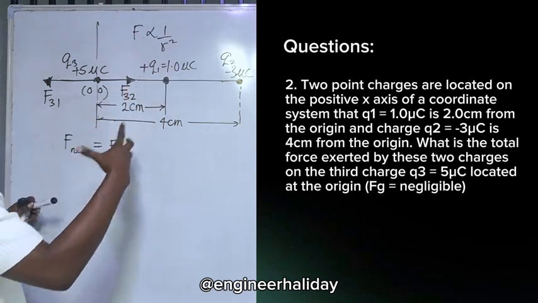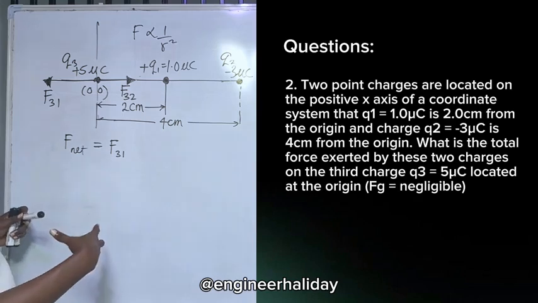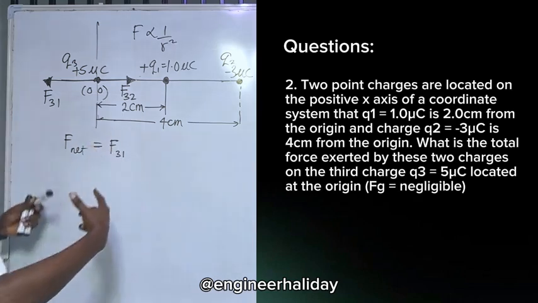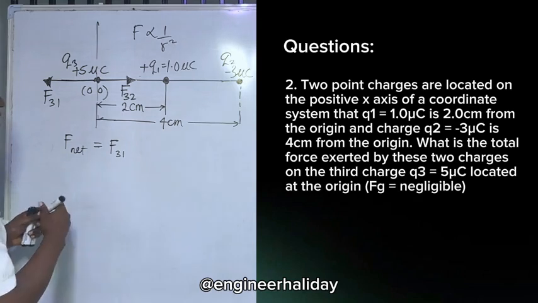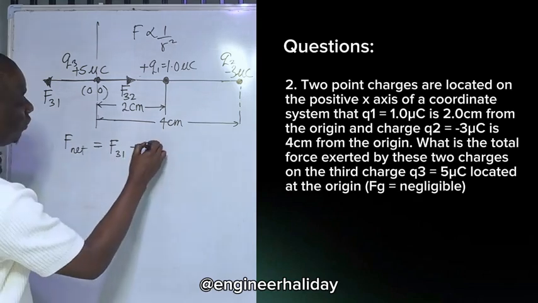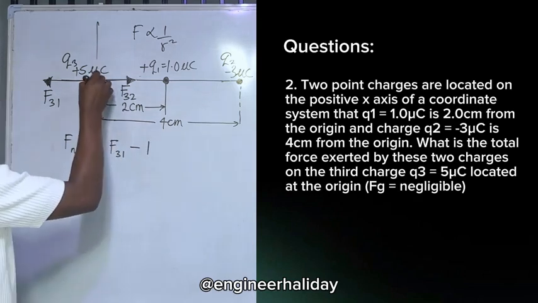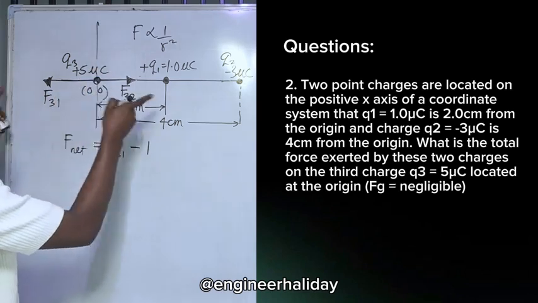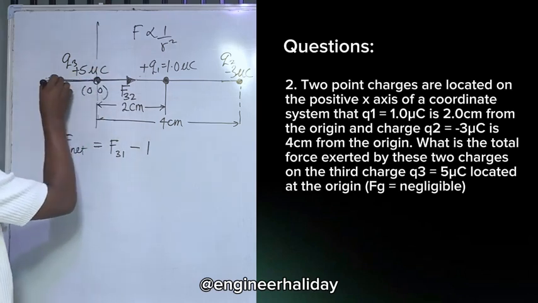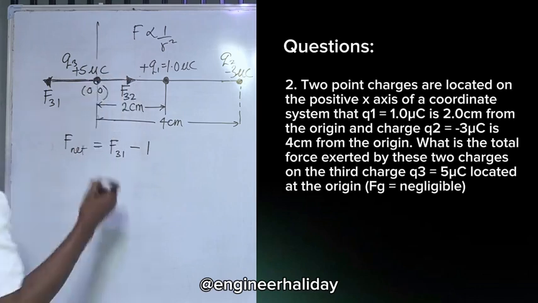When two charges are close to each other, the electrostatic force increases. So it is F31 minus F32. Why am I subtracting? Because they are moving in opposite directions. One is going this way, the other this way.